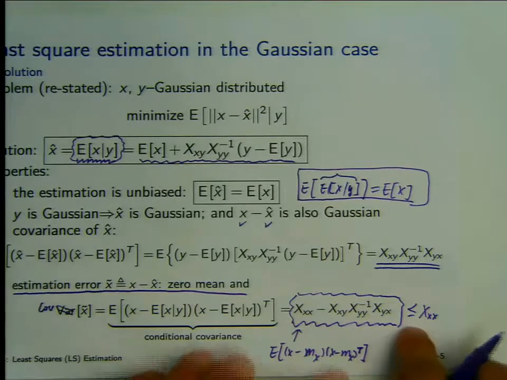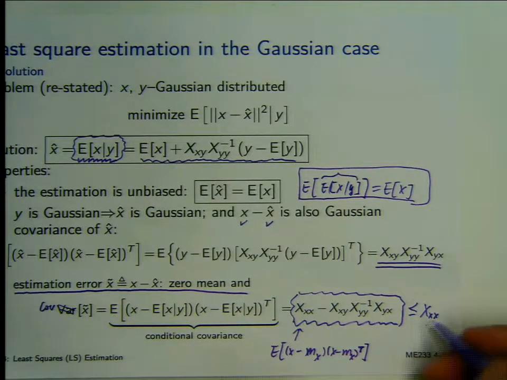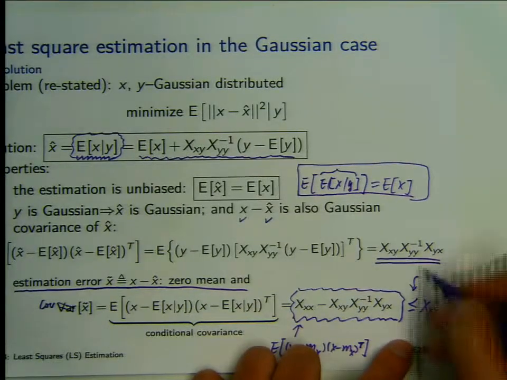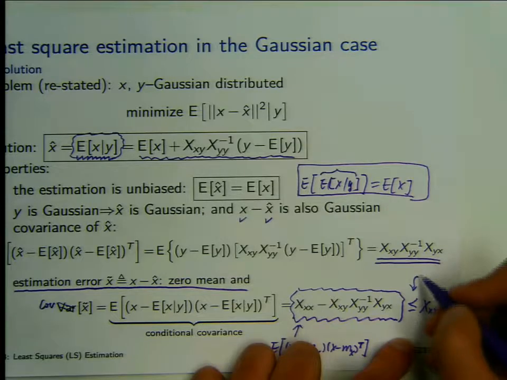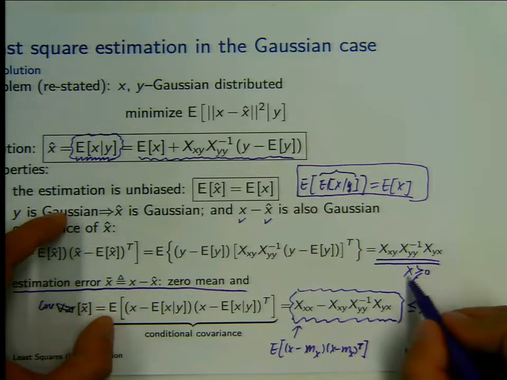It's not the scalar less than or equal to. This is the matrix less than or equal to. So if x is a matrix, it means x is positive definite. That's just the notation here.